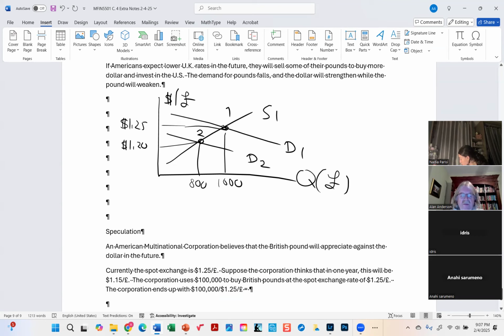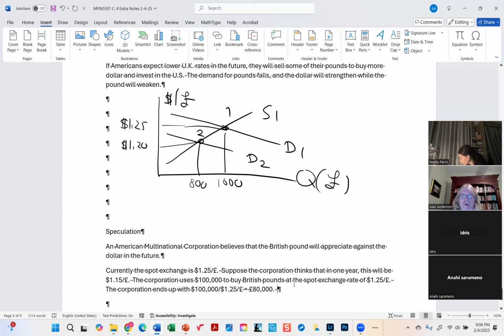So the number of pounds would be, I need my calculator. Oh, we're in luck. It's 80,000 pounds exactly. Beautiful. I always like even numbers.